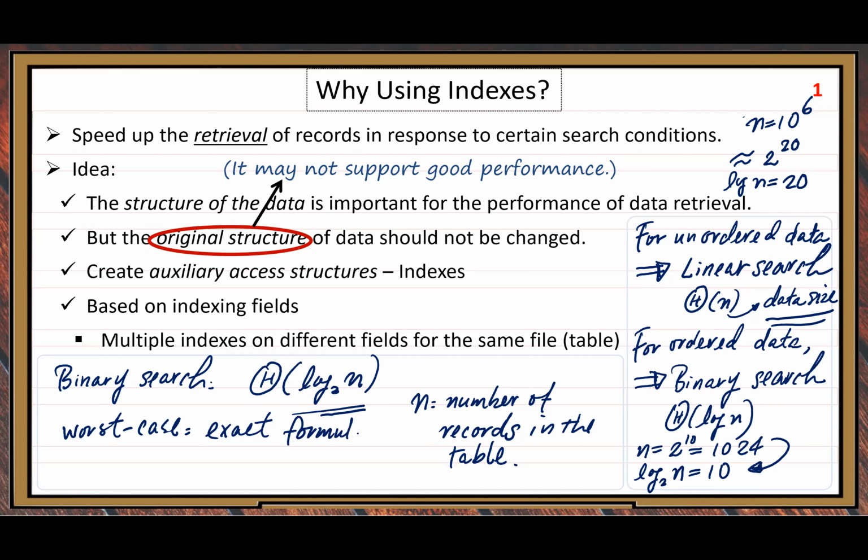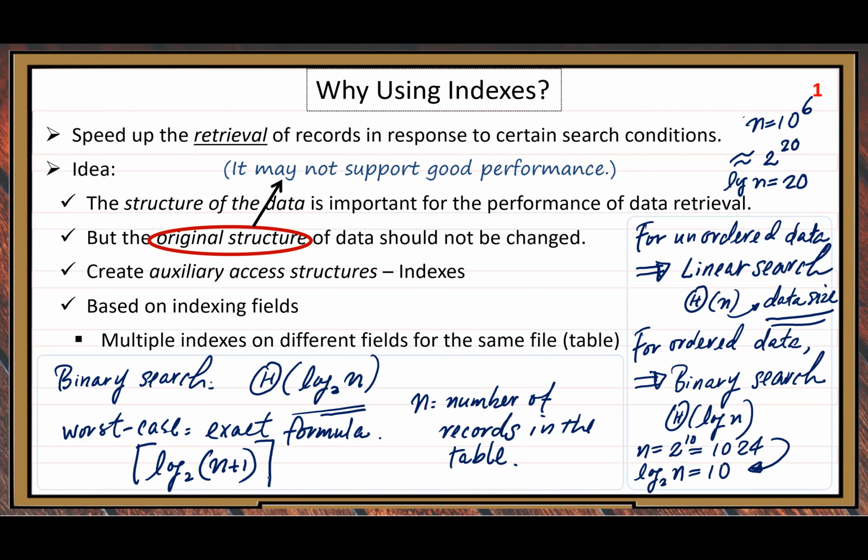That is log base 2 of (n plus 1), ceiling function. That's the number of comparisons for the worst case of the binary search. Remember that n plus 1.